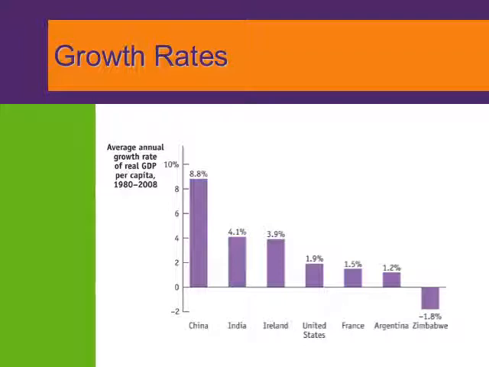The rule of 70 approximates how many years it will take for the economy to double at a given rate of economic growth. Here's how the rule of 70 works. It says that the number of years is equal to 70 divided by the annual growth rate.